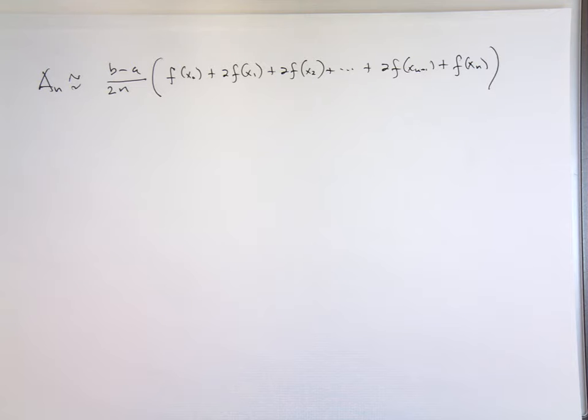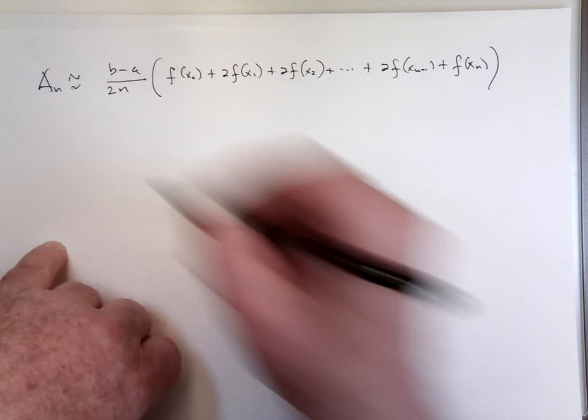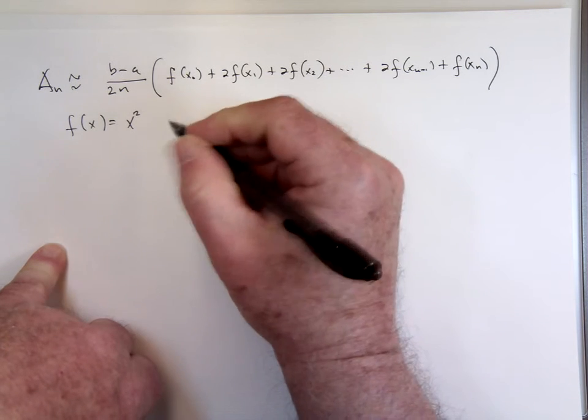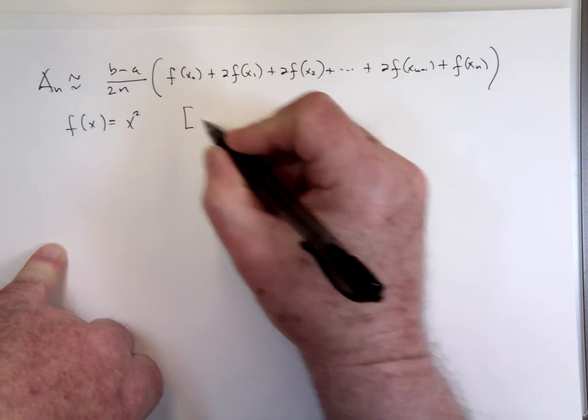Let's see how good it is. Let's do an approximation of something. I could do x squared. Let's do x squared, we'll keep it simple. Let's suppose the function is x squared, and the interval is from 1 to 3.